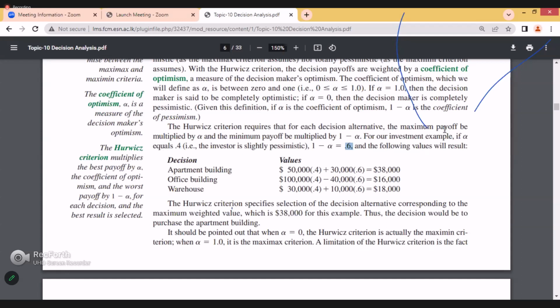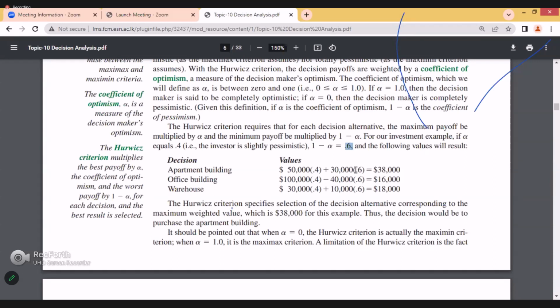Sometimes if the optimistic weight is 0.6, the balance would be for the pessimistic one. So vice versa may happen. So in a good economic condition, all the values have to be multiplied by the weightage, the alpha value, 0.4.